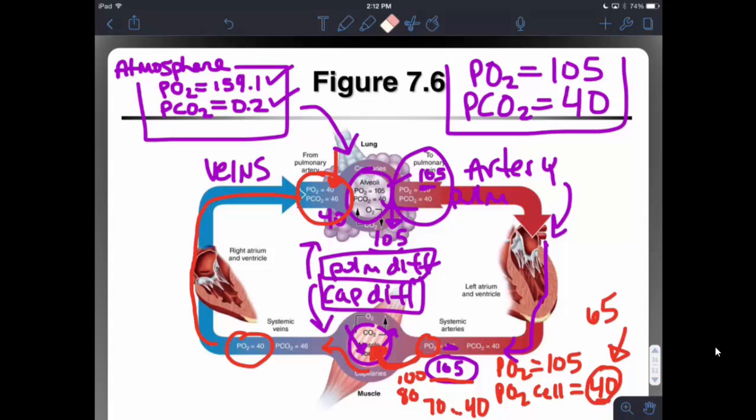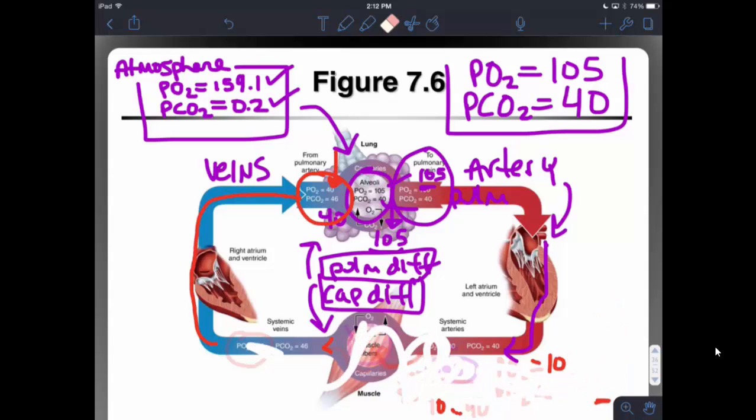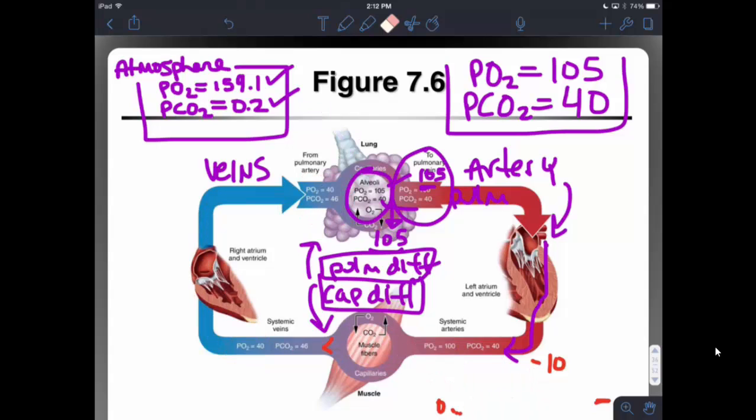Now if we look at the CO2, now we're looking at the CO2. In the arterial blood, we have a PCO2 of 40, and you know that CO2 is going to move out of the cell and into the blood.